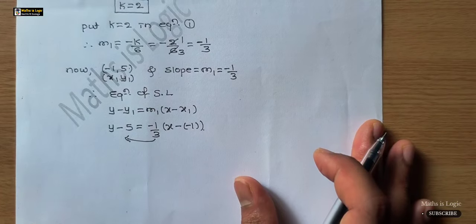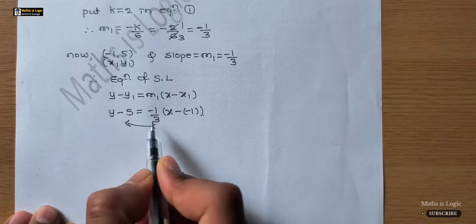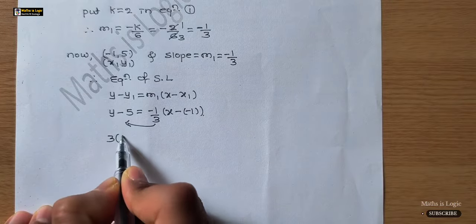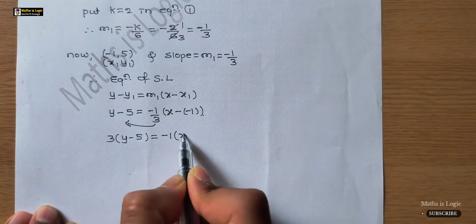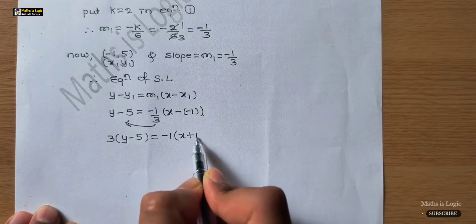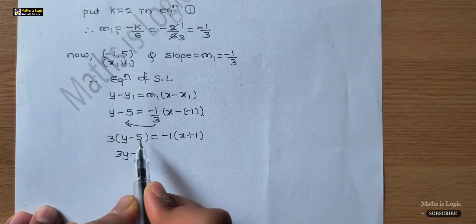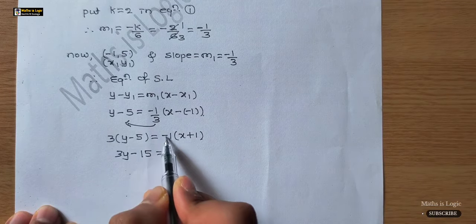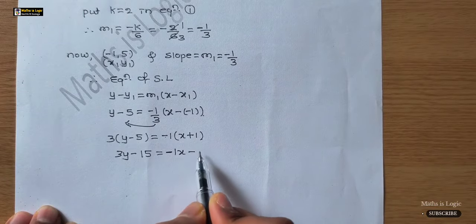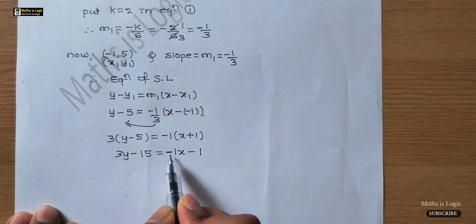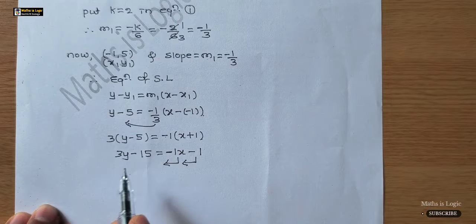Next, do the cross multiplication. So if I do the cross multiplication, 3 comes in the numerator: 3 into bracket y minus 5 is equal to, what is the remaining value? Minus 1 into bracket x minus into minus is plus 1. Open the bracket: 3 into y, 3y, 3 into 5, 15, minus 1 into x, minus 1x, minus into plus is minus, 1 into 1 is 1. Here x contains a negative sign, because of that reason shift minus 1x and minus 1 to the left hand side.